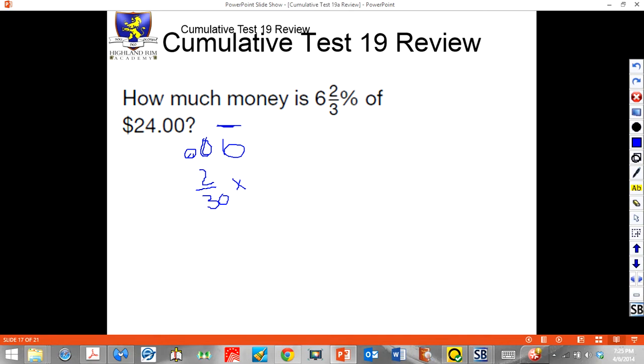Times $24, which is equal to 1/15 times 24. And you should come up with $1.60.